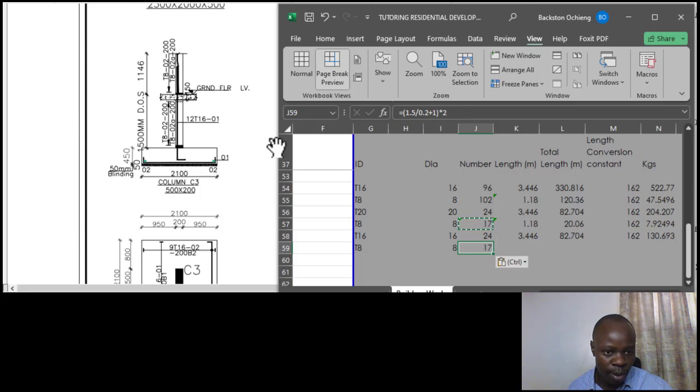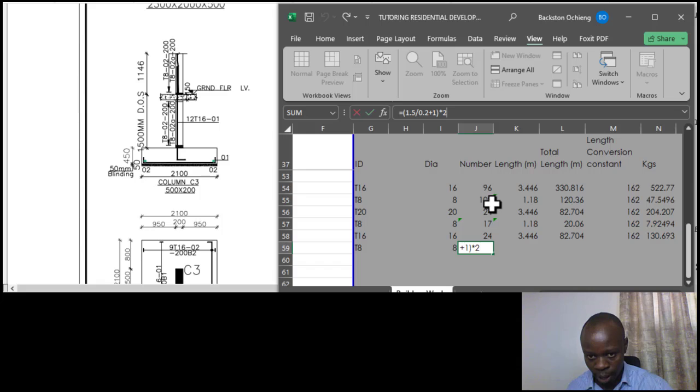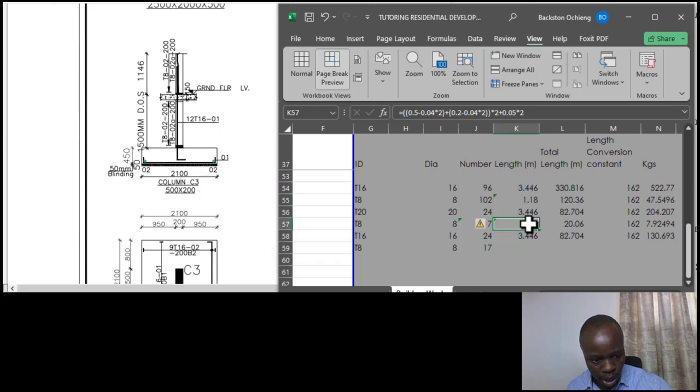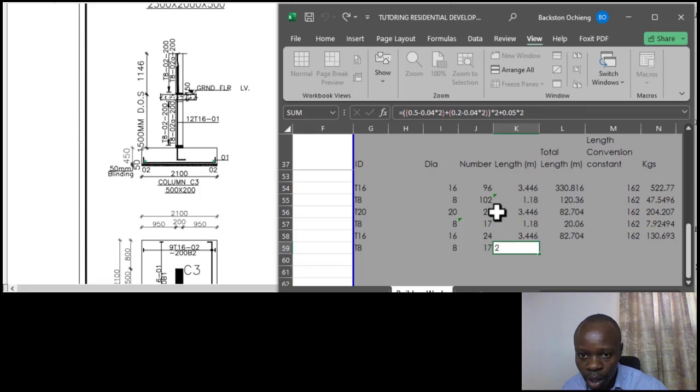Actually, you can see from what we have there. Then we add 1 and multiply by 2. We only have 2 columns of that size. For the length in this case, we also copy that, bring it here. Then that brings us to the same.